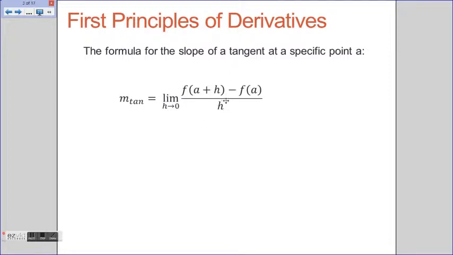Remember that as the increment of your interval gets very, very small and approaches 0, we get closer and closer to the slope of a tangent rather than a secant. And now that we understand limits, this will give us the slope of the tangent to a higher degree of accuracy.